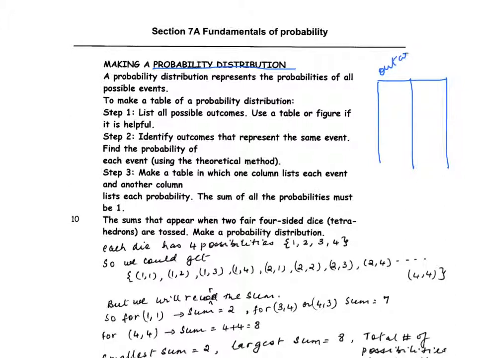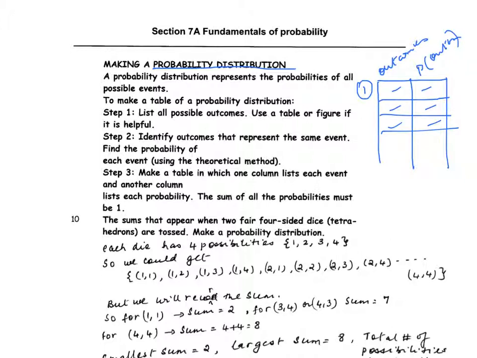So suppose we list outcomes in the first column and the probability of each outcome in the second column. So for every outcome, you have the outcome and the probability. So the list of all outcomes along with the corresponding probabilities is called a probability distribution.